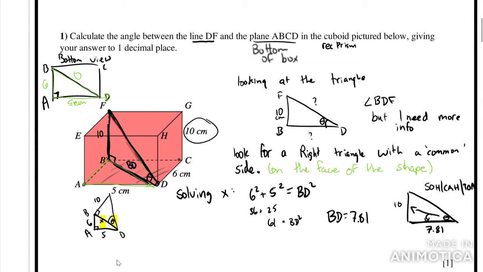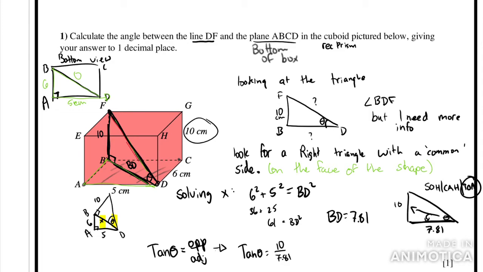So I want to use my tan. So tan of theta is equal to opposite over adjacent. So I have tan of theta is equal to 10 over 7.81.